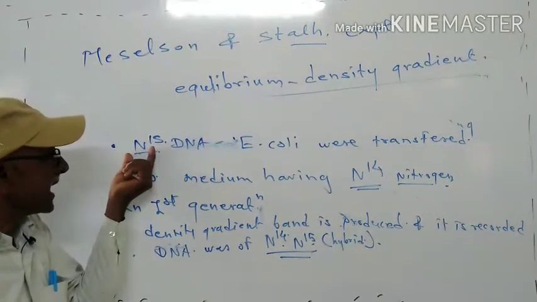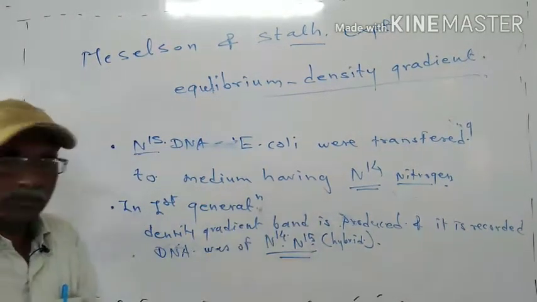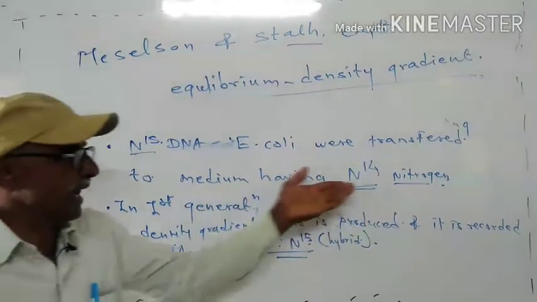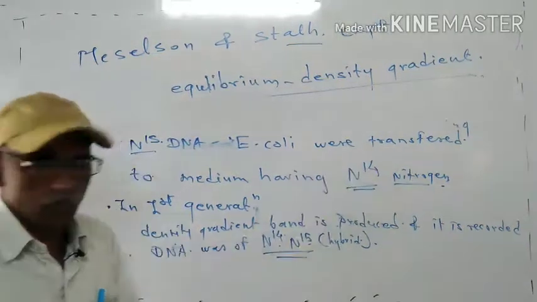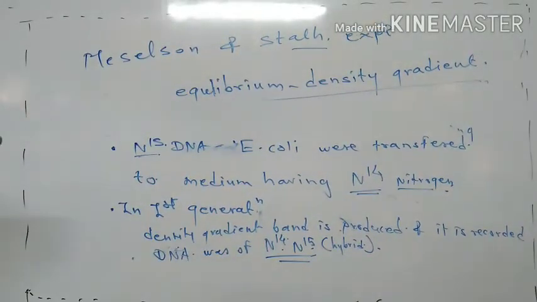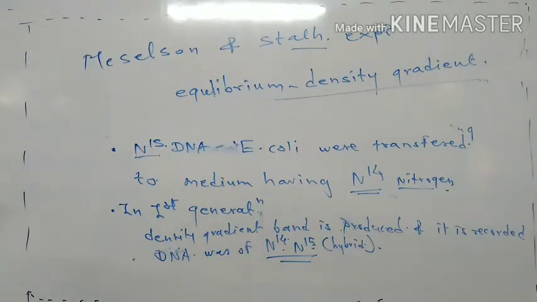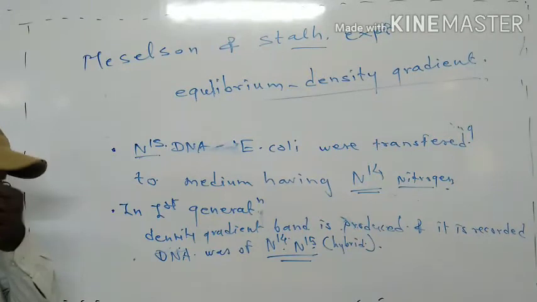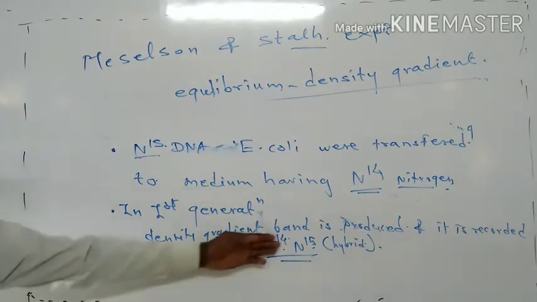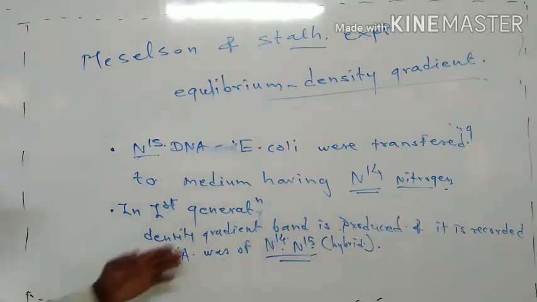Means the parent strand was conserved in the daughter, and the new strand was formed of N14. So there is a hybrid DNA which contains nitrogen of different isotopes, N14 and N15.